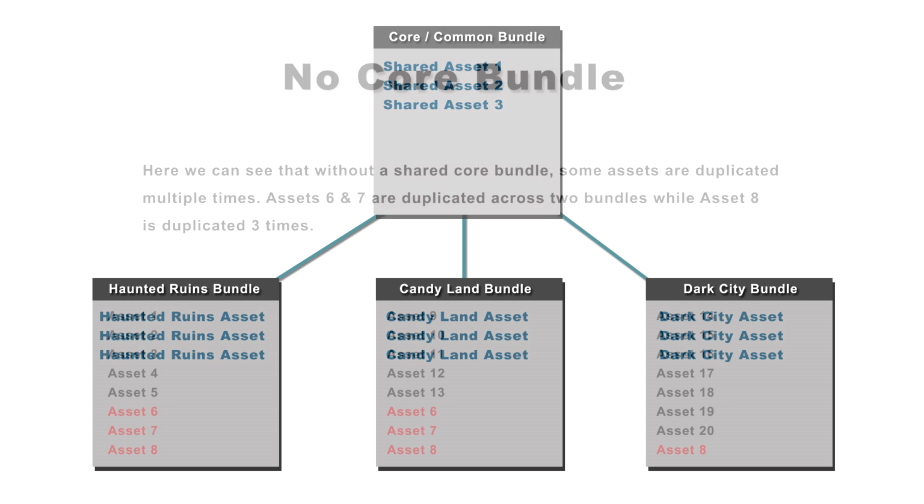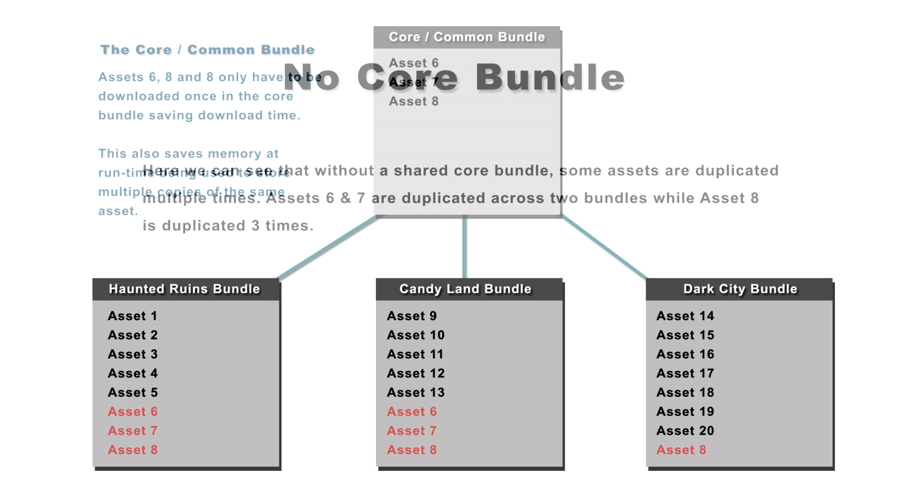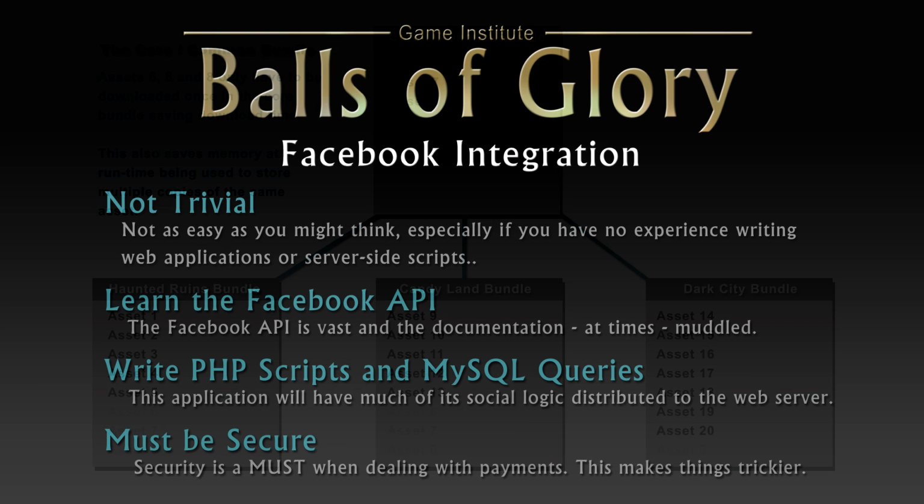If we didn't build a core bundle, then if a core graphic was used in all three themes, for example, a separate copy of that asset would be stored in each theme bundle, which is of course wasteful, although admittedly not exactly critical. But with the core bundle, we can make sure that any large assets used by multiple themes are loaded just once and accessed across theme boundaries.